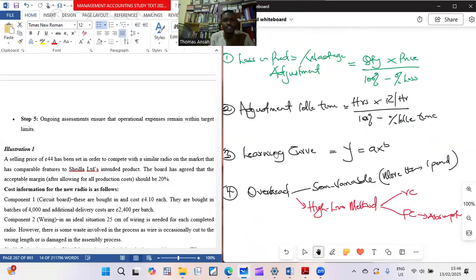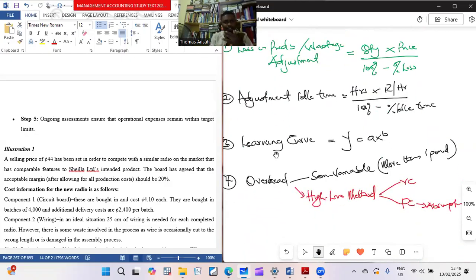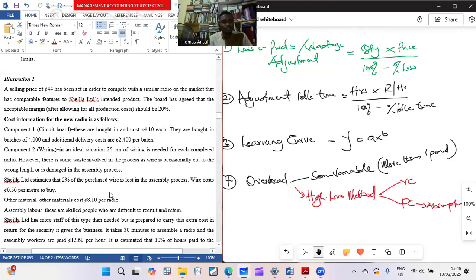But you see, first things first, you have to determine the target selling price. You have to determine the profit margin to subtract to get your cost. Then you'll be comparing it with your internal cost build-up to check for any cost gaps. Then you talk about how you may even close the cost gap. So let's look at this illustration.